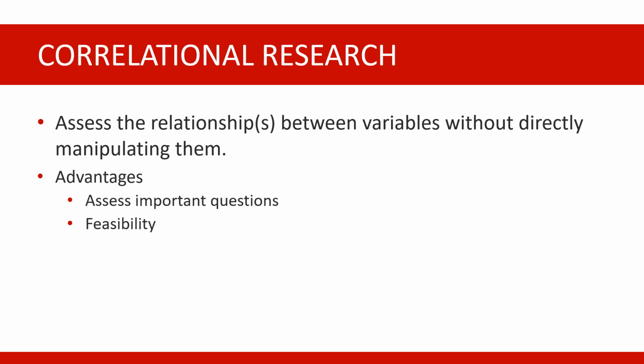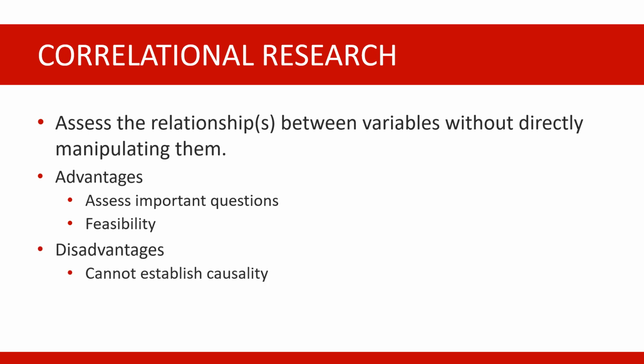Because if we think about experiments on trauma exposure, it would not be ethical to conduct experiments and deliberately expose people to major traumatic events in order to understand how they respond to them. So correlational research is often more feasible, more cost-effective, more available, or more ethical than using experimental designs to study a topic.